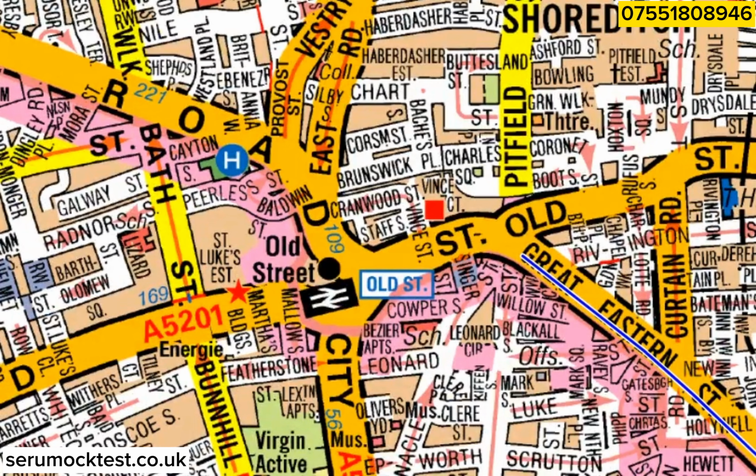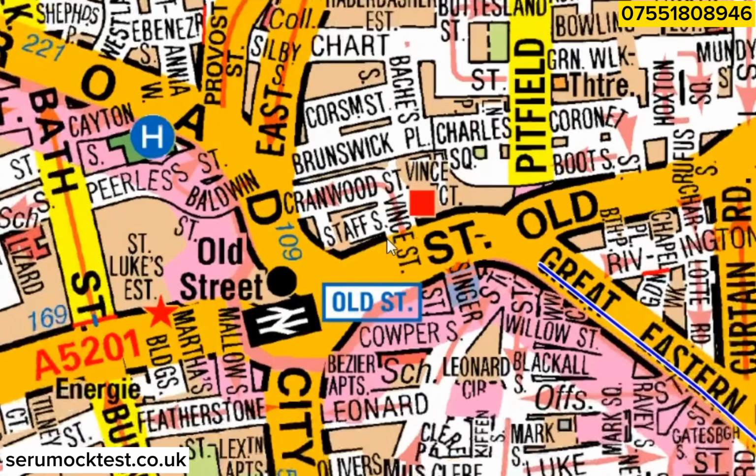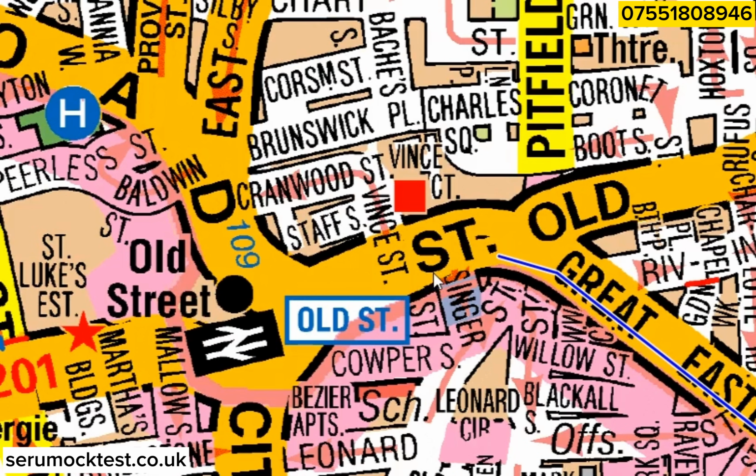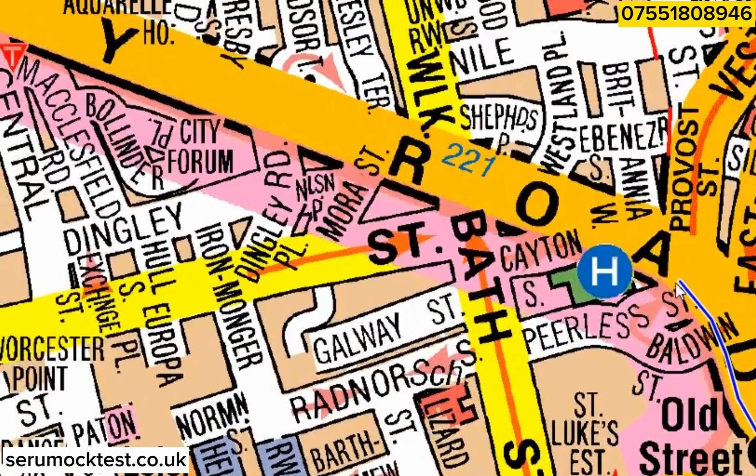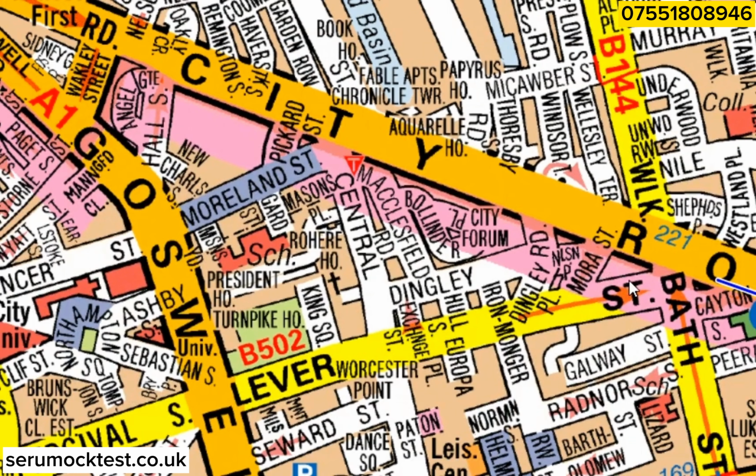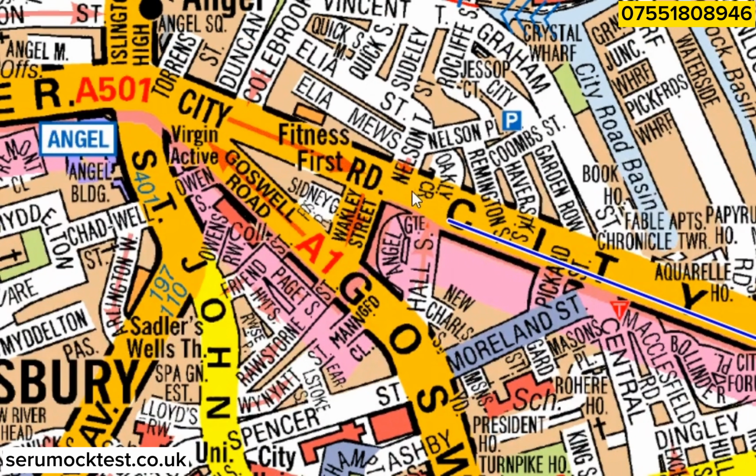So we go on to Old Street, and then we continue our drawing, and we turn here. And again, as I have said, this is all legitimate turnings. There is no complication whatsoever at all. So we are on City Road now, and this can be a long line, no issue whatsoever.